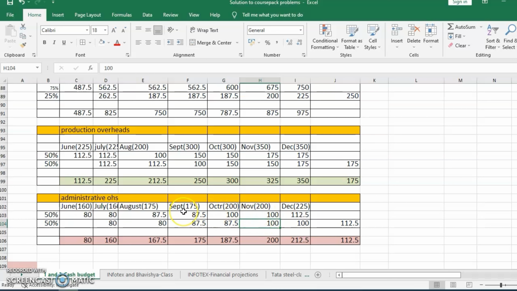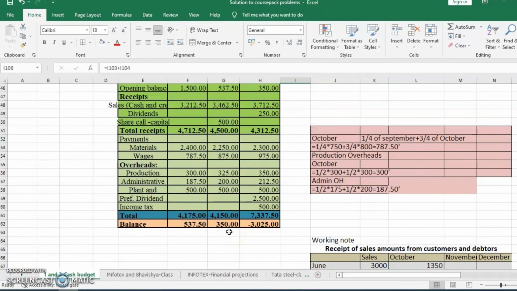And what you incurred in September, 175, 50% of that is 87.50, which you shall pay in the month of October. We applied the same way for October, November and December, and we got totals of 187.5, 200 and 212.5. Let's go back to the statement and see this is how we have got administration overheads.